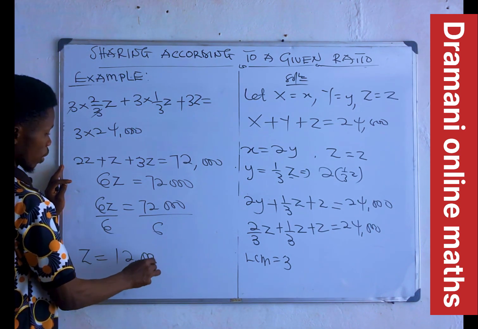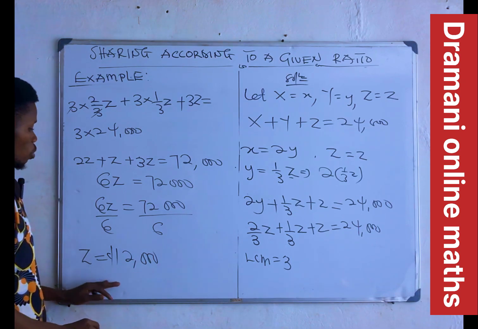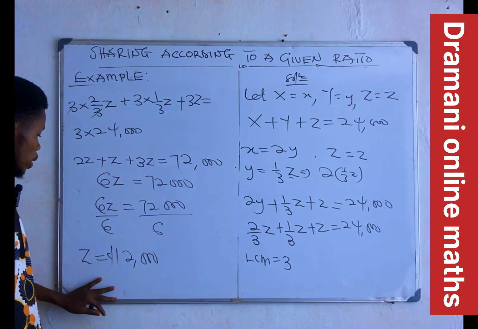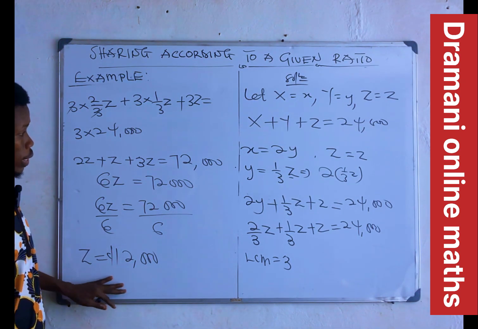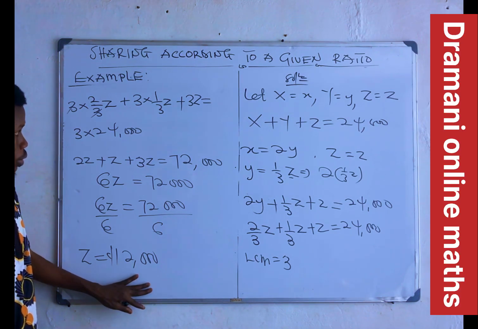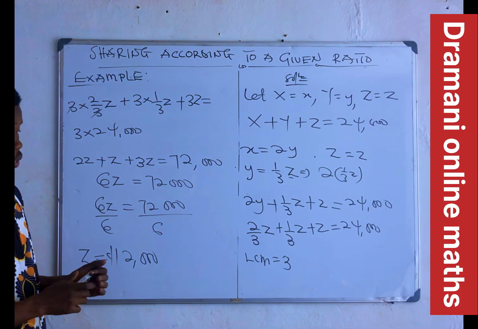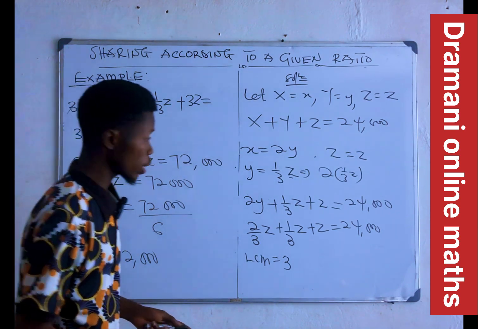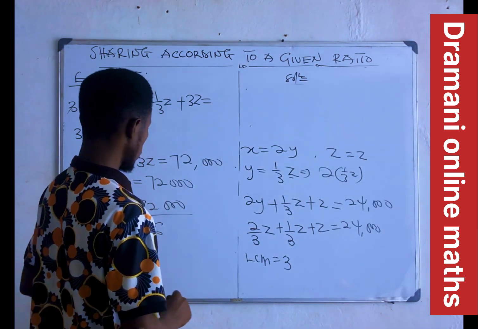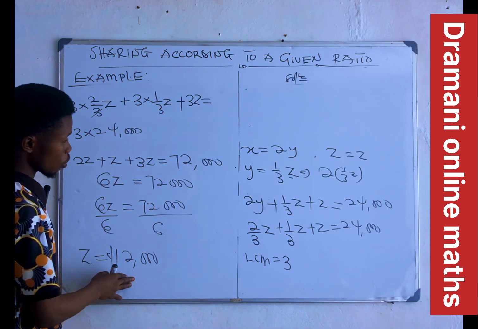So we have 12,000 Ghana cedis. So the amount that brother Z will receive is what? 12,000 Ghana cedis. We have to find the amount that each of them will receive. So the amount brother Z will receive is 12,000.